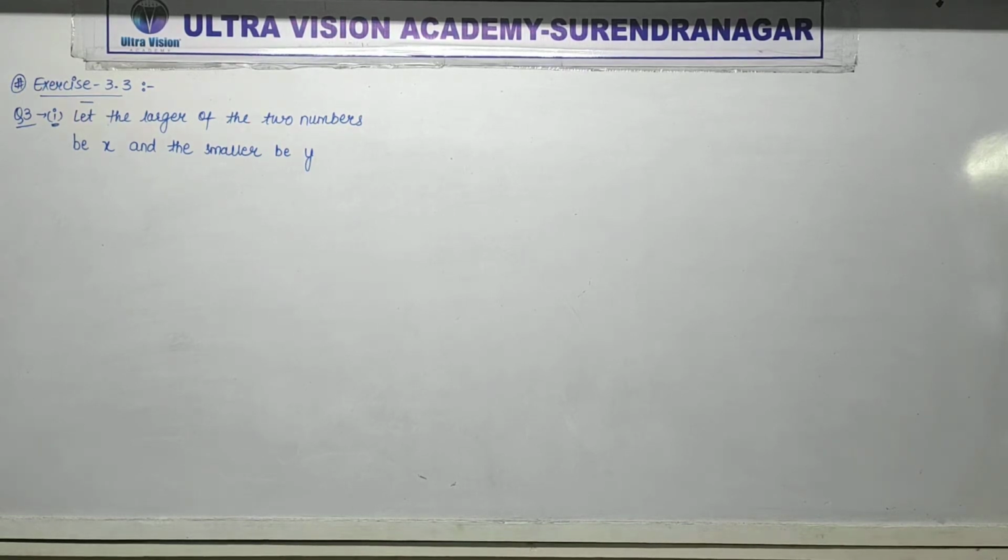Right? Now, according to the given condition, what is the given condition? The difference is 26 and one is 3 times the other.